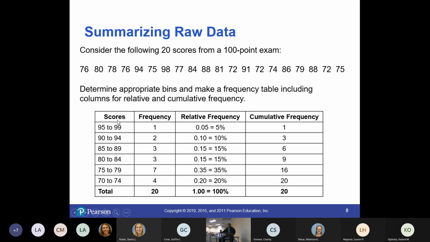So now, somebody tell me what the class width is. 5. The midpoint of the first class is, somebody take your calculator and add 95 plus 99 and divide it by 2.